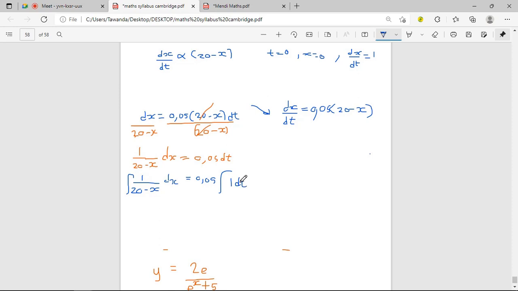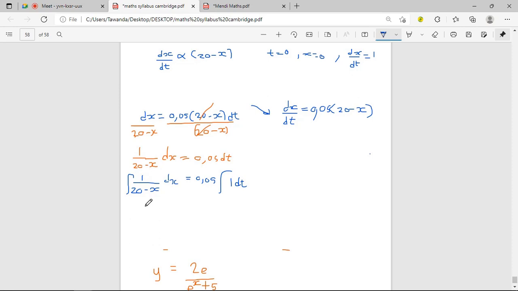Let's integrate the left hand side. What is your answer if you integrate that one?